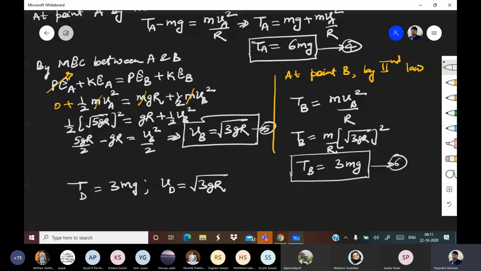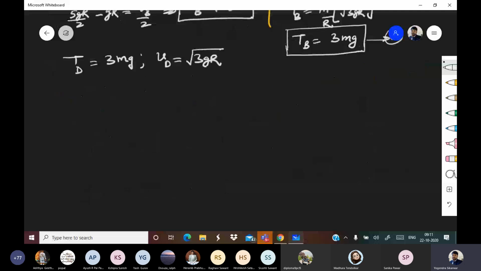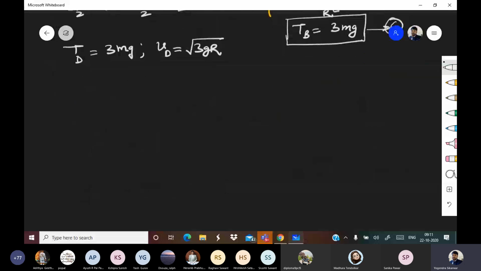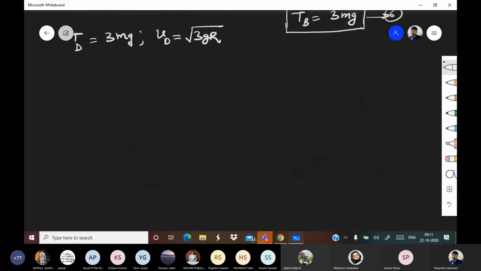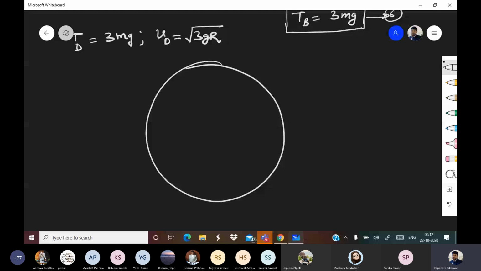So now that is done, let us move further. So now let me summarize the whole story again by drawing a circle. So suppose you have an object moving in a vertical circle and that is tied with a string.